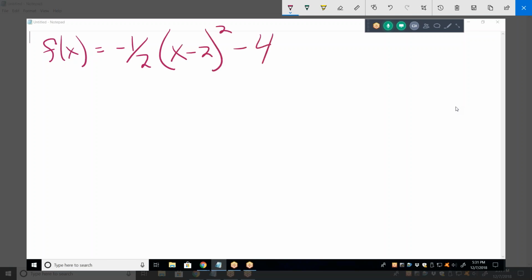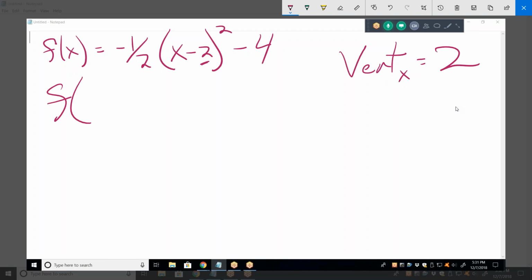What format is that? Vertex. Good. Where's the vertex? It's the x coordinate of the vertex. Is the vertex 4? No. This number right here. 2. In other words, here.